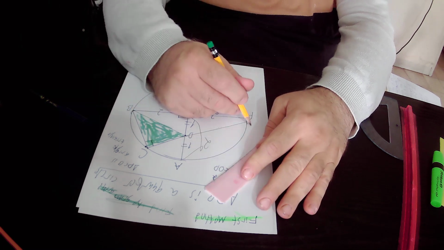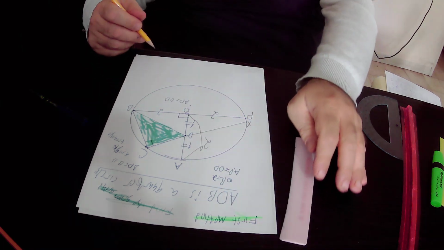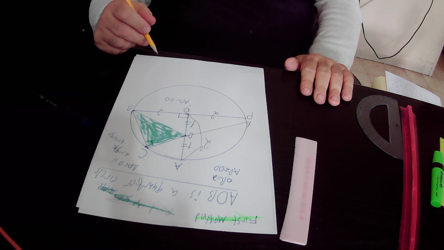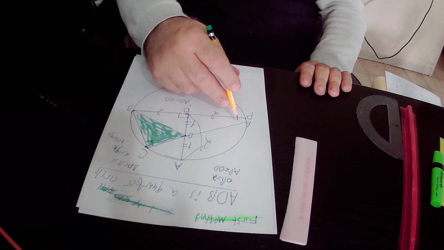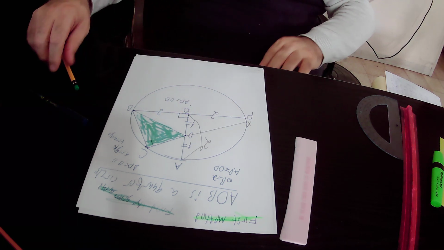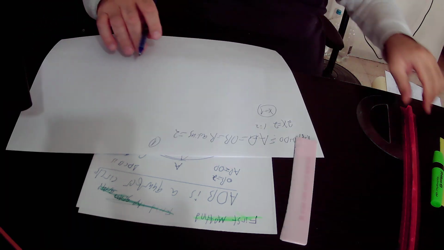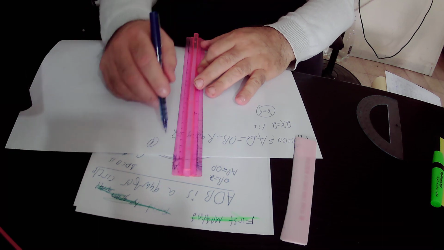This is actually point X. So we actually created here the peripheral angle BCX. I write it down. We have the peripheral angle BCX.